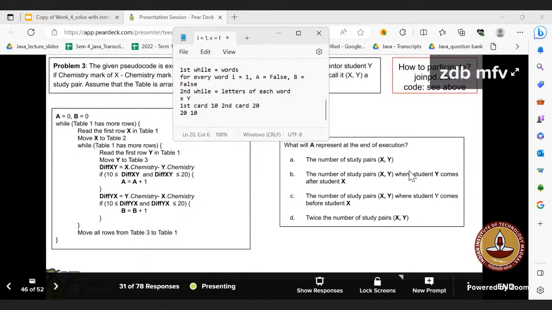But if student y is coming before student x, what happens?